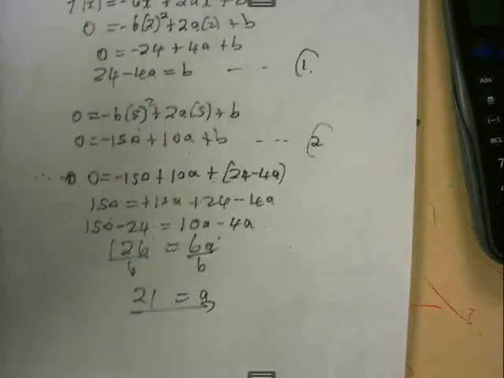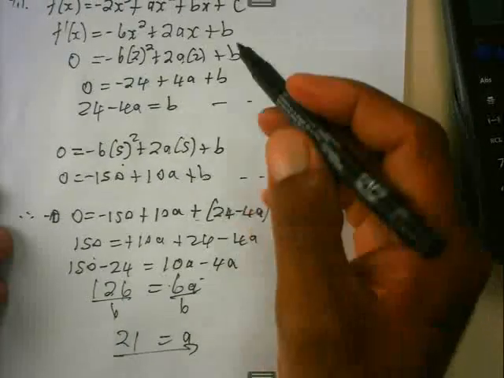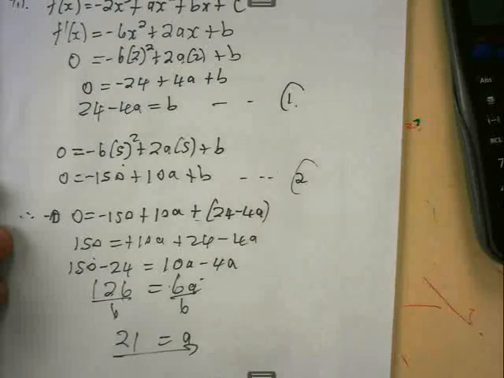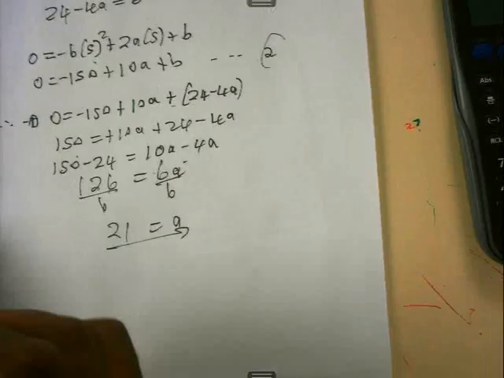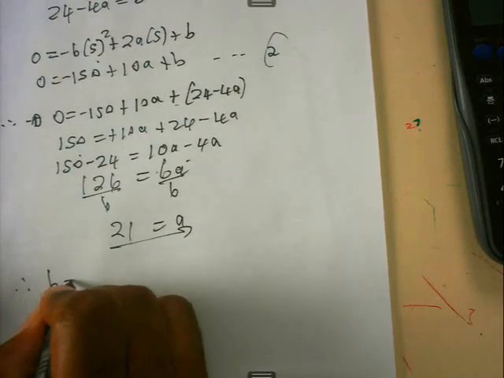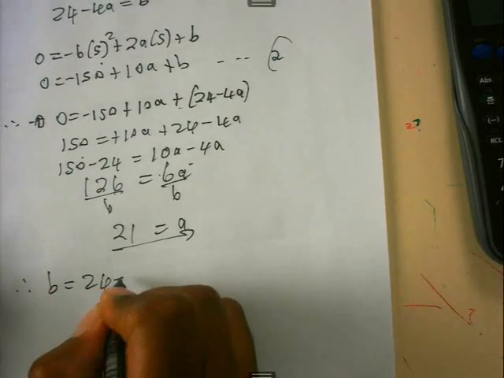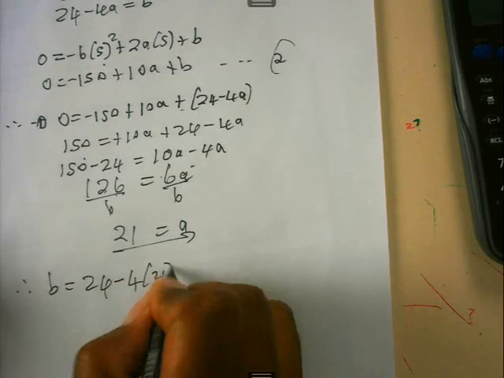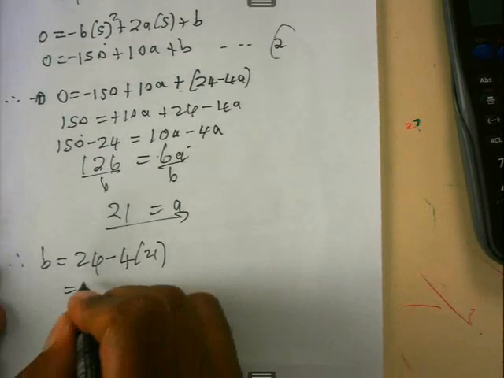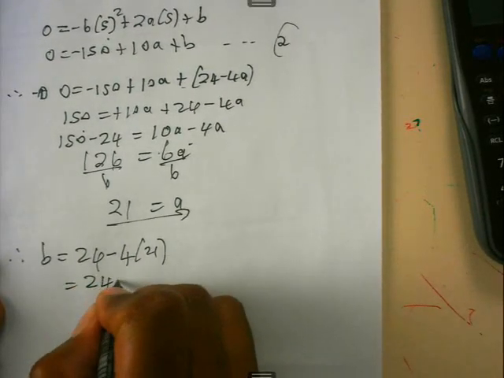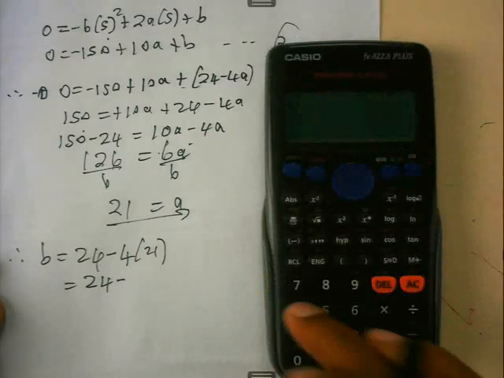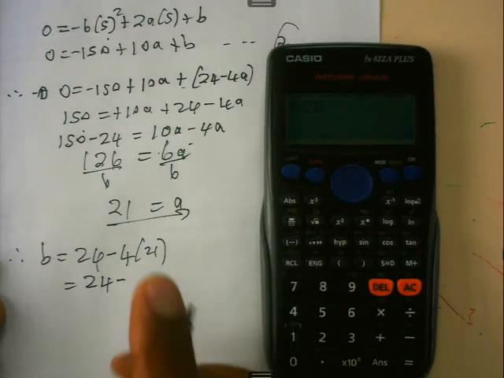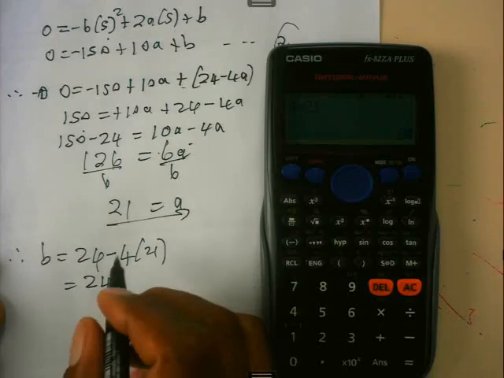Now how do we get the value of b? Of course, we can just substitute a in one of the two equations. Let me take the first equation: we know that b equals 24 minus 4 multiplied by 21. We are going to have 24 minus 4 times 21. 4 times 21 will be 84.